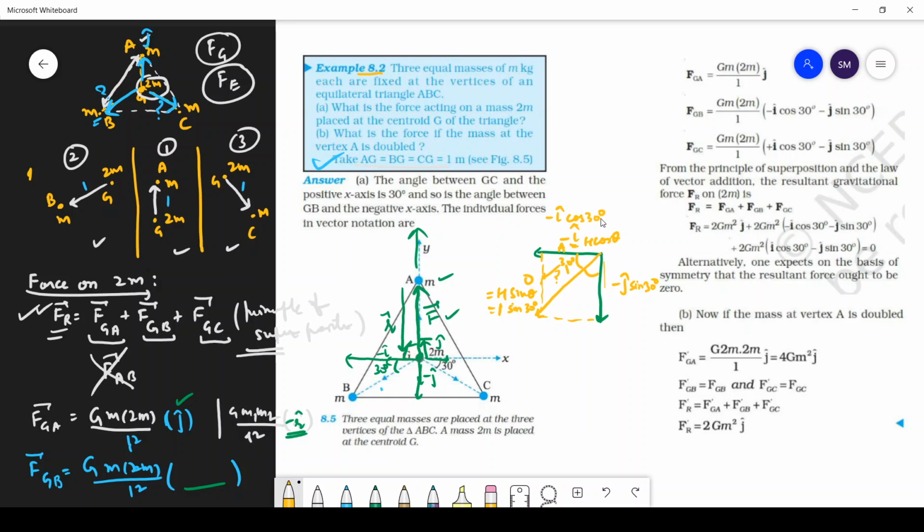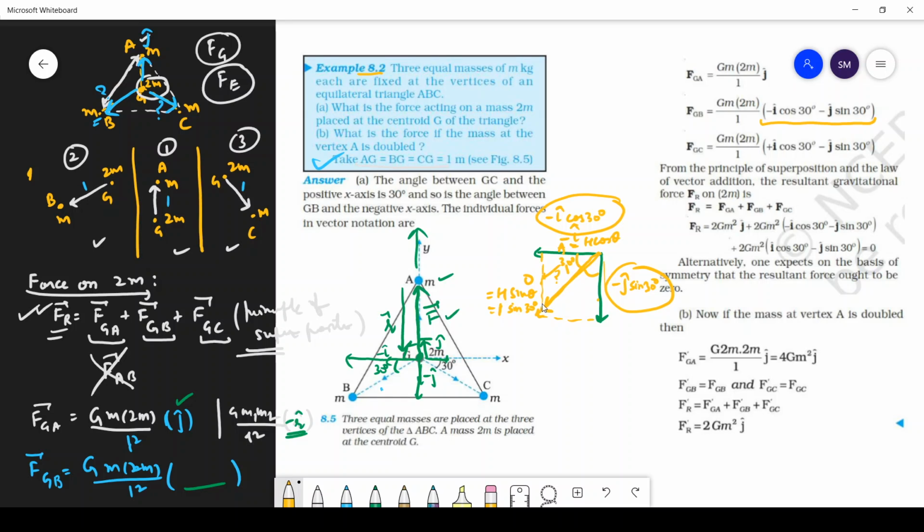So minus i cap cos 30 and minus j cap sine 30. This vector is resolved into two components, equal to minus i cap cos 30 minus j cap sine 30.